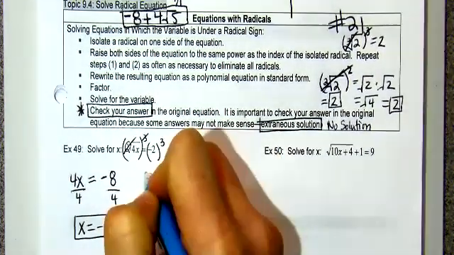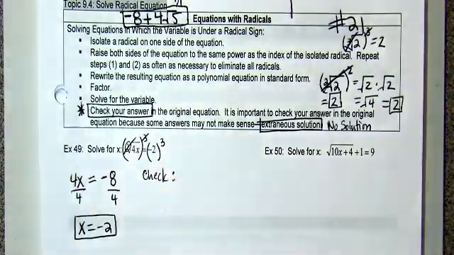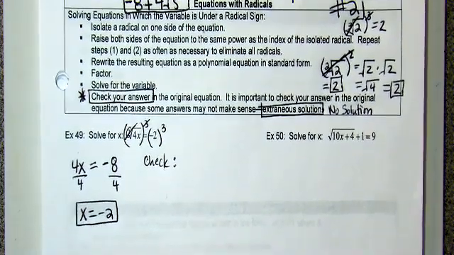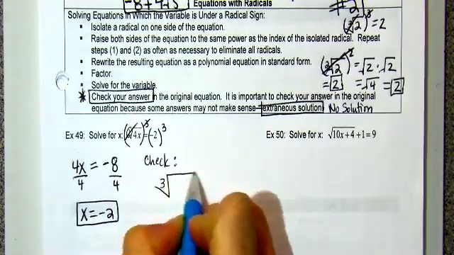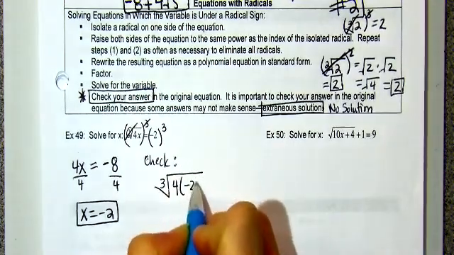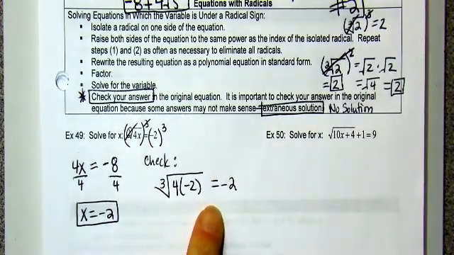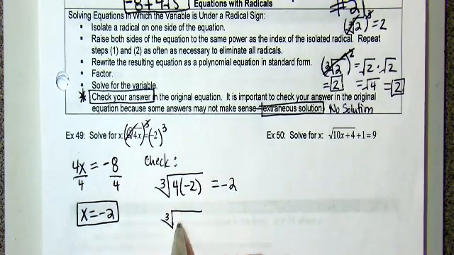Again, you have to check it every time. It doesn't tell you to. You have to know with equations with radicals, one of the steps in solving is to check the solution. So we would say the cube root of 4 times -2 equals -2. We have to see if that is a true statement. Underneath that radical, 4 times -2 is -8, and then you could plug that into your calculator.